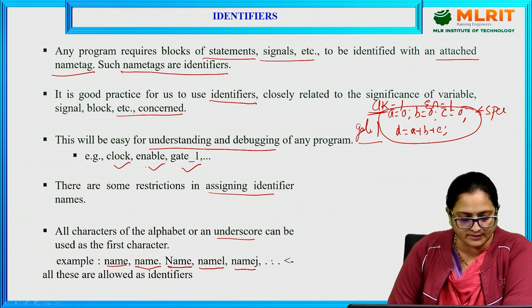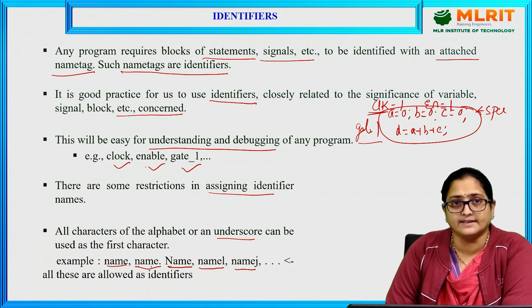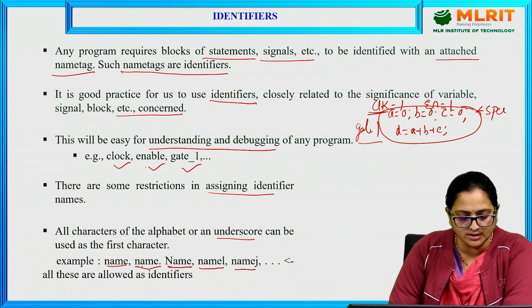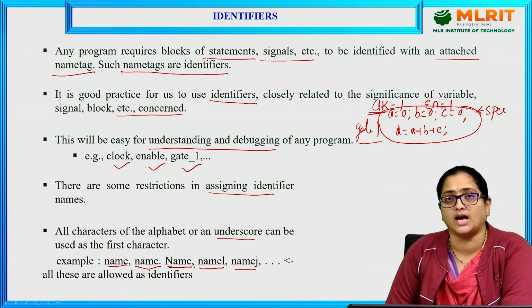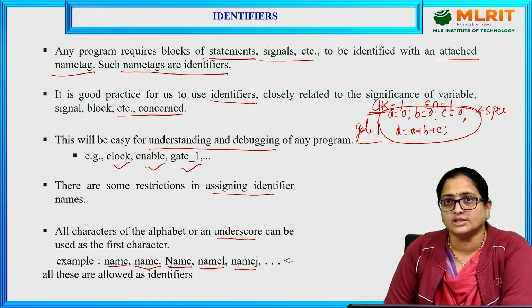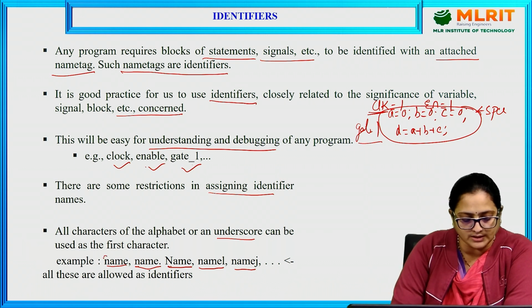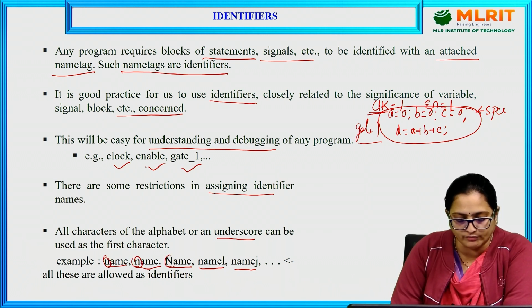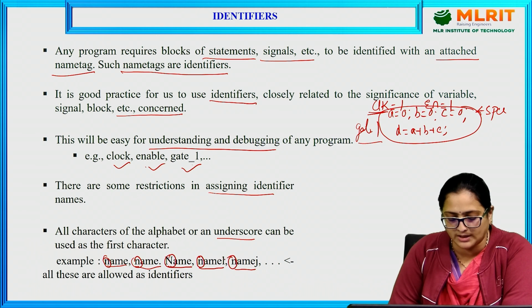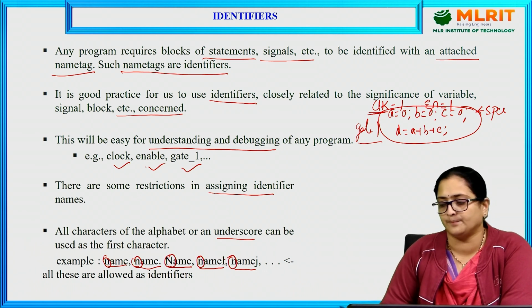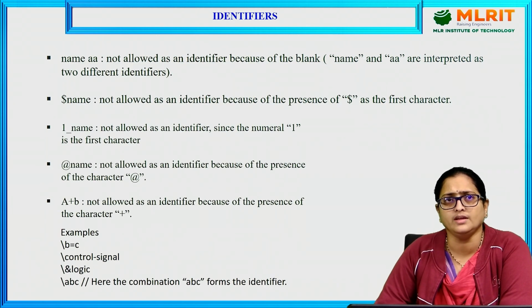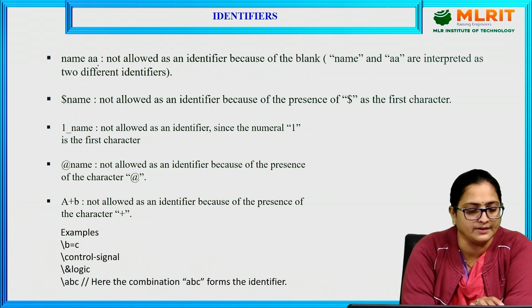The difference here is that all the variables start with either capital N or small n. We should start our identifier with alphabetic characters, not with other characters.